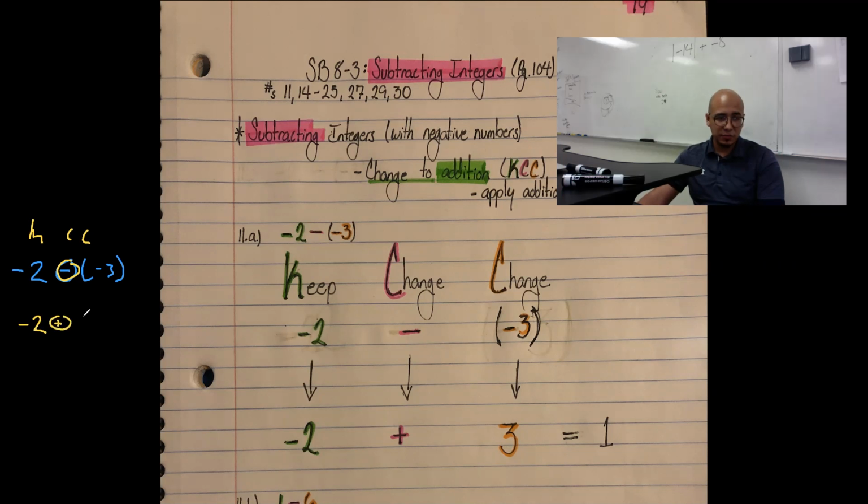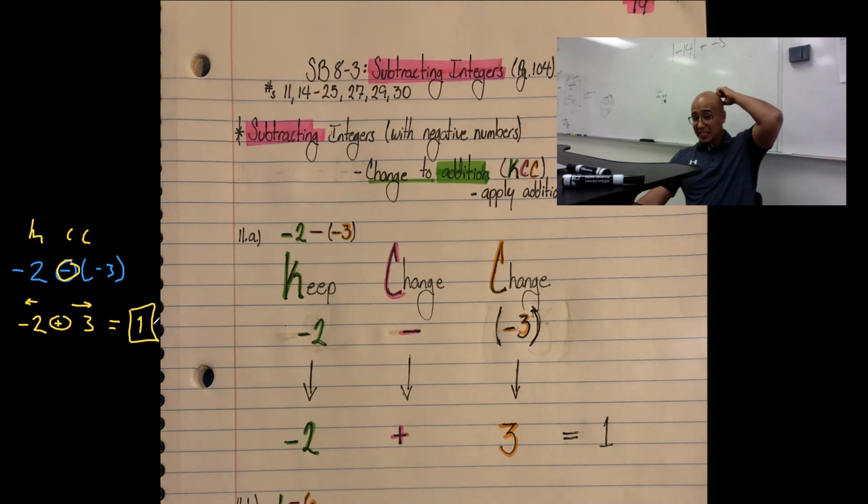And change the negative 3 to a positive 3. Now notice, we're now going to apply the addition rules that we learned already. One of them wants to be negative. The other one wants to be positive. So I'm actually going to subtract them. 3 minus 2 is 1. There's more positives than negatives. So my answer would be positive 1. And that's it. When we have subtraction, we don't subtract. We use KCC, change it to addition, and then apply the rules that we learned for addition.